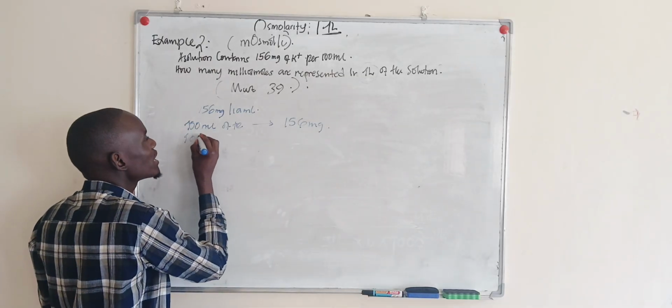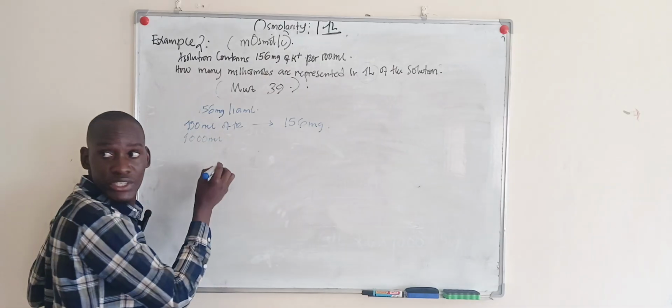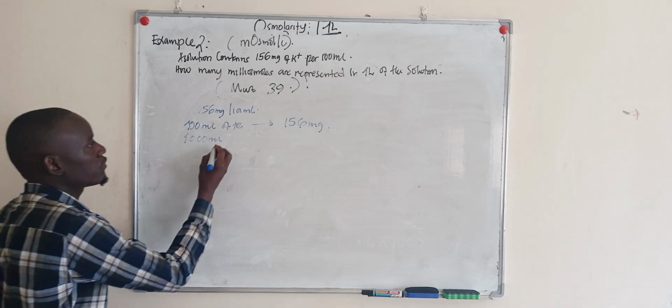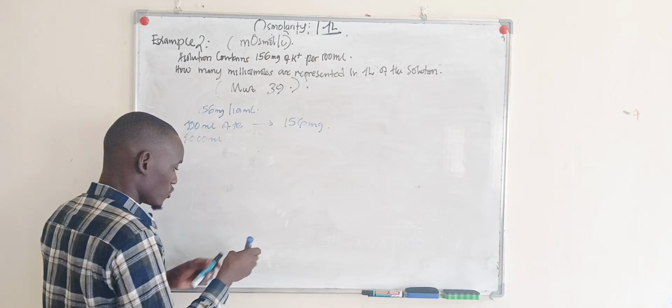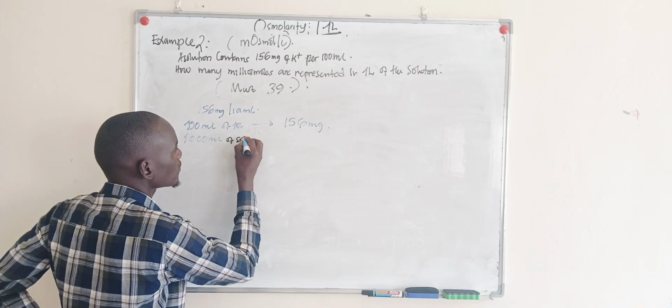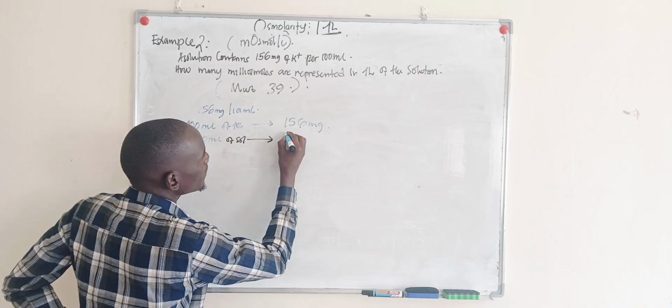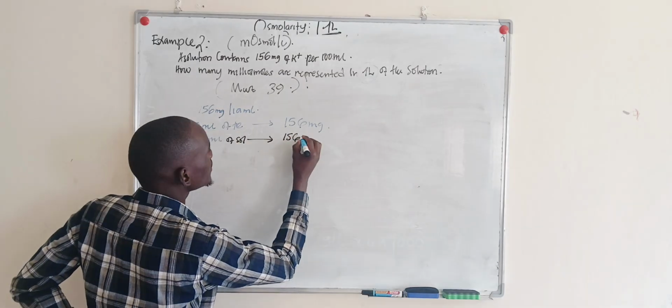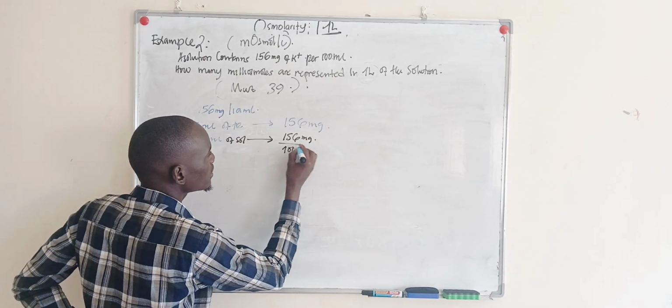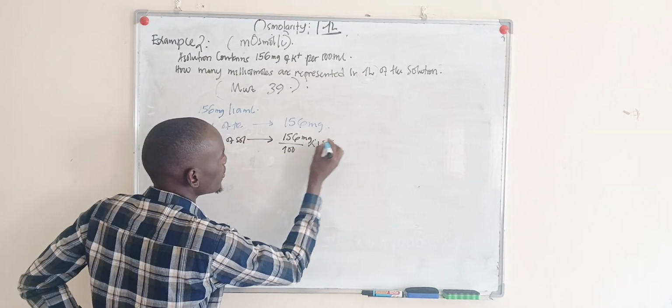How about the 1000 mils, which is the liter? 1000 mils of solution will contain 156 milligrams divided by 100 times 1000.